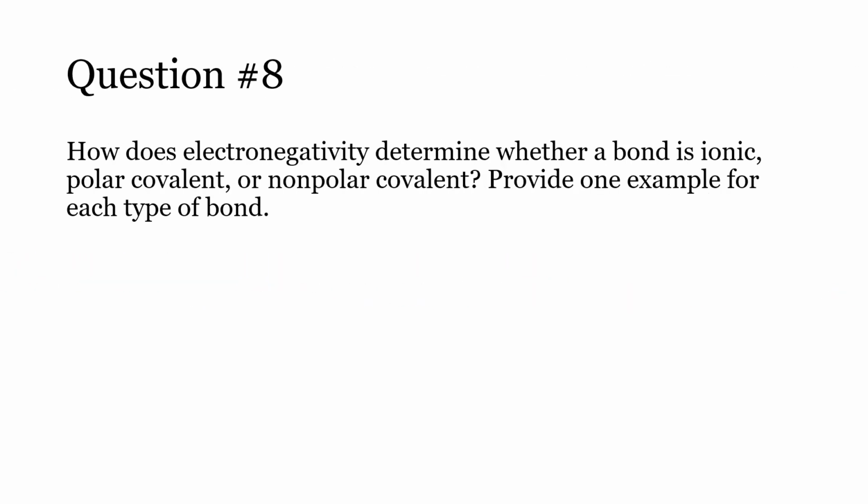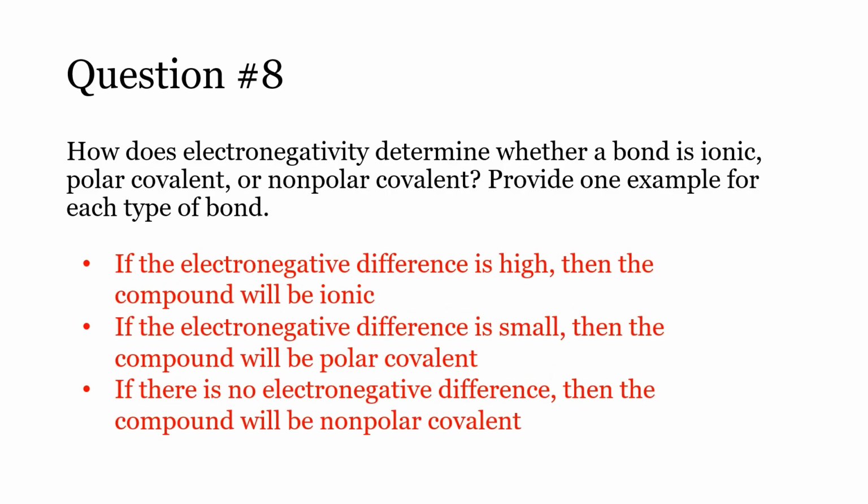Question number 8. How does electronegativity determine whether a bond is ionic, polar covalent, or nonpolar covalent? Provide one example for each type of bond. Well, if the electronegative difference is high, then the compound will be ionic. Now, a really good ionic compound, as an example, would be our NaCl. So salt would be an ionic compound.